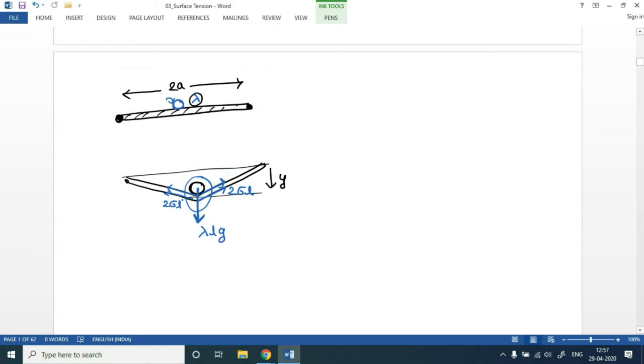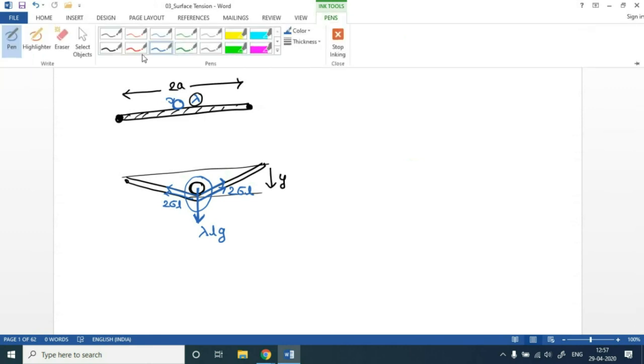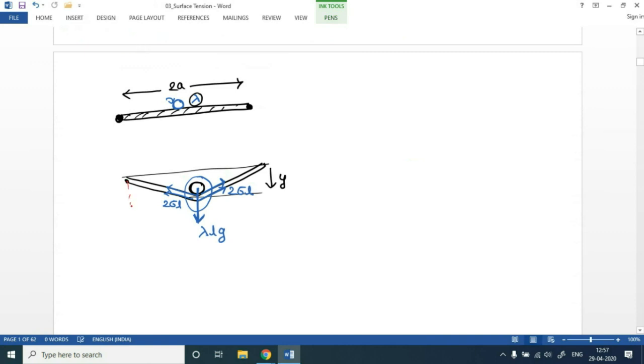So these forces are acting on this enclosed part of the system, and now we must write the force balance. Let's look at the geometry a little bit. Let's imagine this triangle, where this angle is theta, this is y, and this base is a.